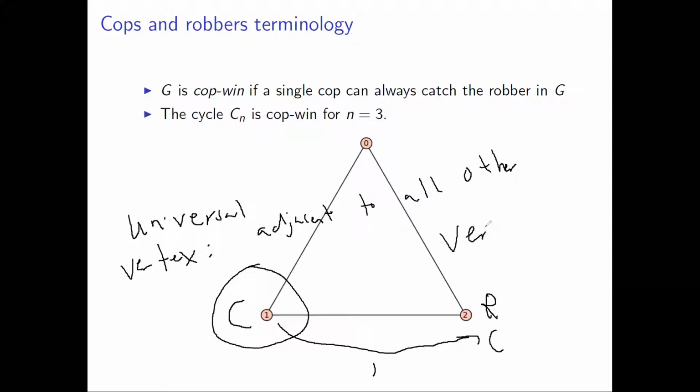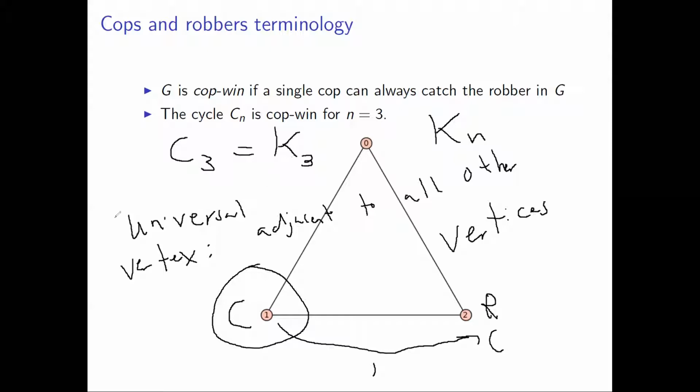So in this cycle of order 3, another name for the cycle of order 3 is the complete graph of order 3. And so in the cycle of order 3, any of the vertices are universal vertices. All of them are adjacent to all the other vertices. And this is true in general for complete graphs. Complete graphs, all of the vertices are adjacent to all the other vertices.